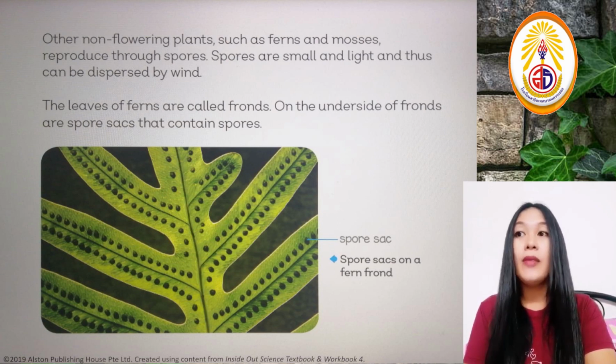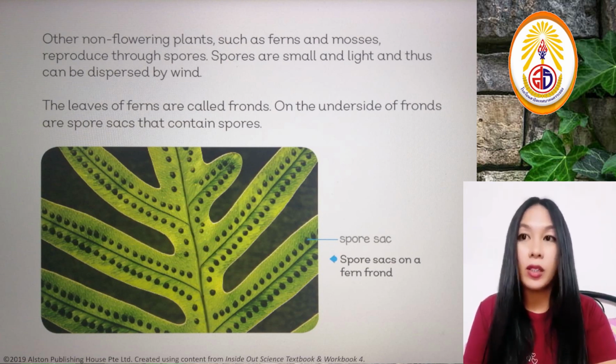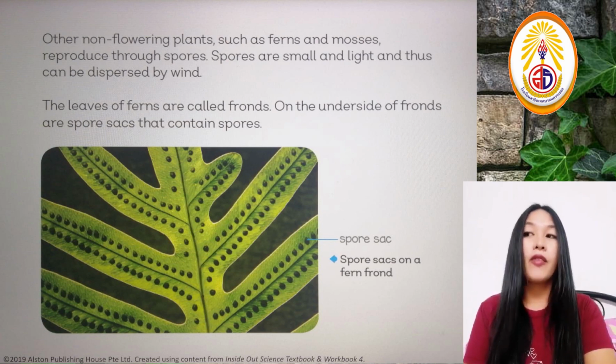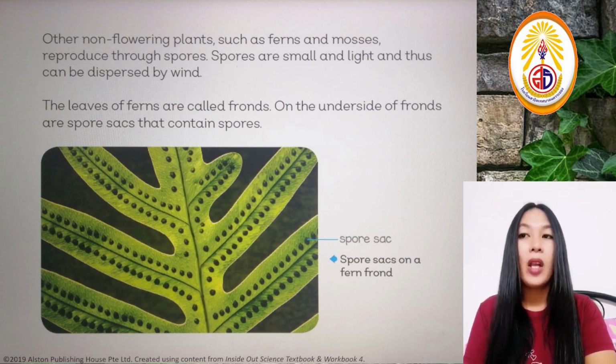The leaves of ferns are called fronds. On the underside of fronds are spore sacs that contain the spores. So the dots are the spore sacs and they contain the spores.